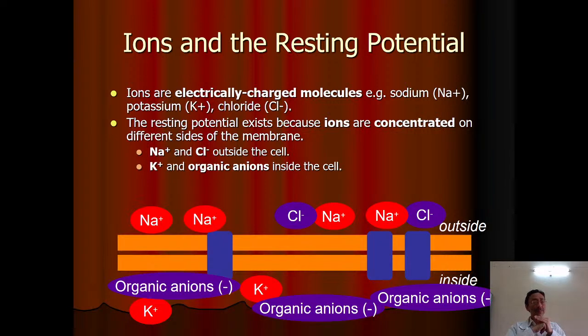Now the membrane is permeable to potassium ions only, and the potassium ions will start moving from inside to outside. That is, potassium channels will now allow the potassium ions to move from inside to outside, which is the direction of the diffusion concentration gradient.